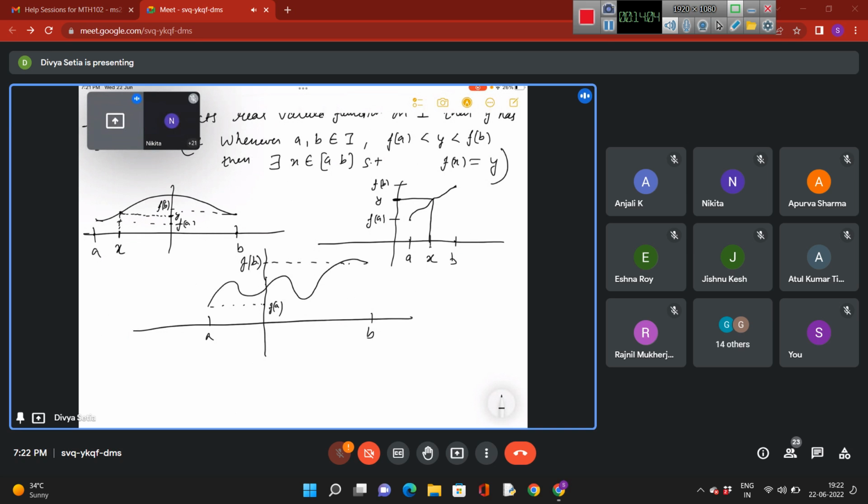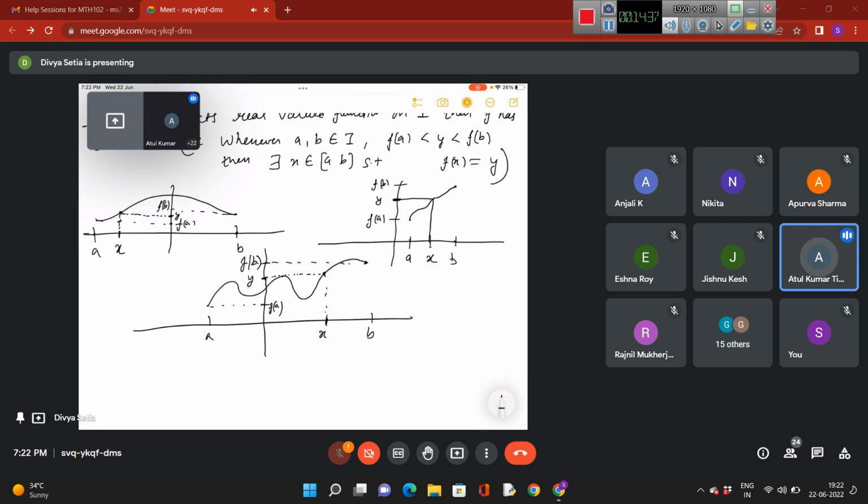Now if you choose any point between f of a and f of b, suppose this point, it should have some pre-image. Otherwise, it will not be a continuous function. Because it should have some point, say this point, whose image is this y. Otherwise, it cannot reach from a to b without a break.